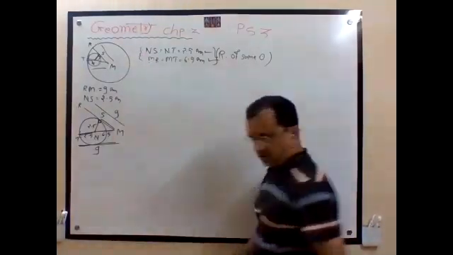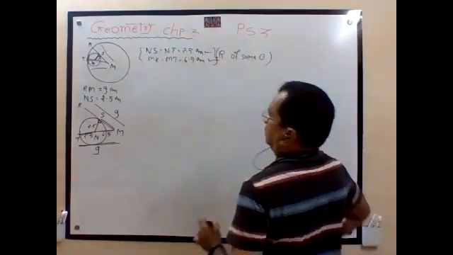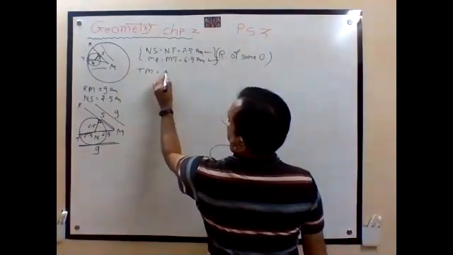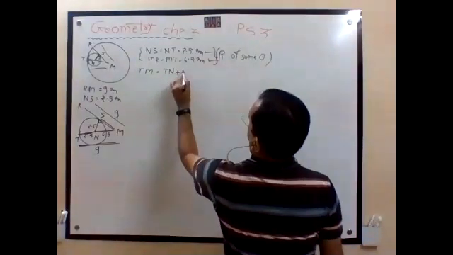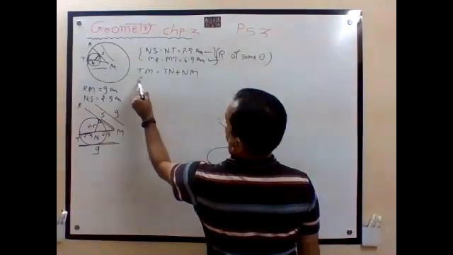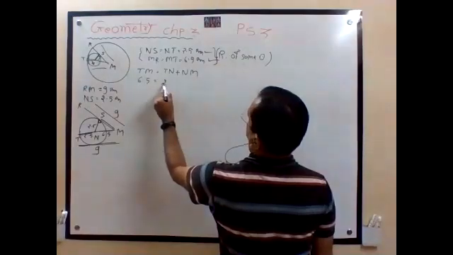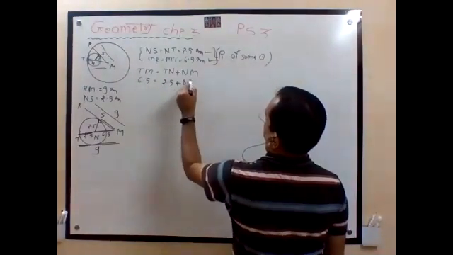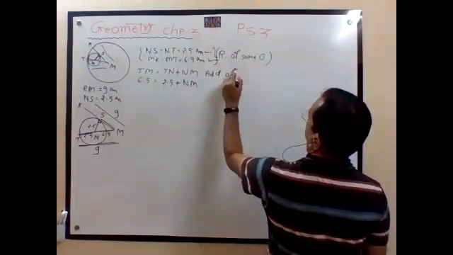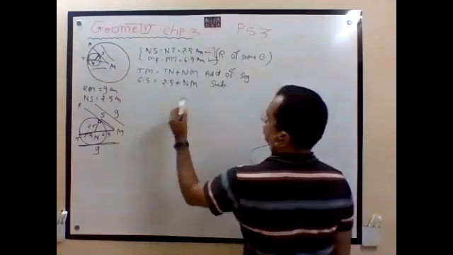Correct? So TM is equal to TN plus NM. 6.5 is equal to TN, that means 2.5, NM. Addition of segment, substitution.